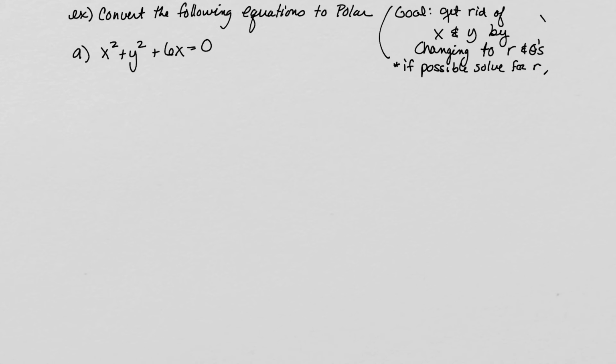Remember, x is the same as r cosine theta, and y is the same as r sine theta. So this is going to be r cosine theta quantity squared plus r sine theta quantity squared plus 6r cosine theta, all equal to 0.